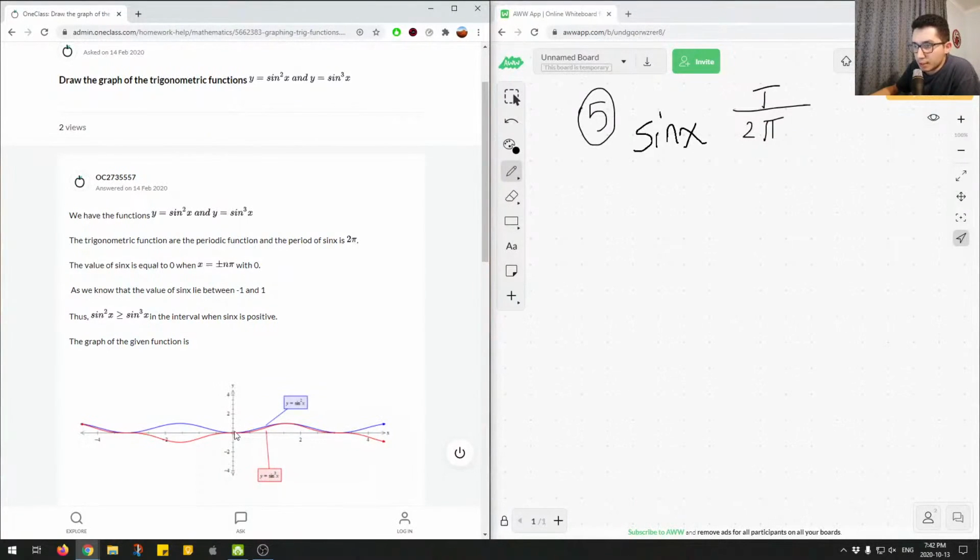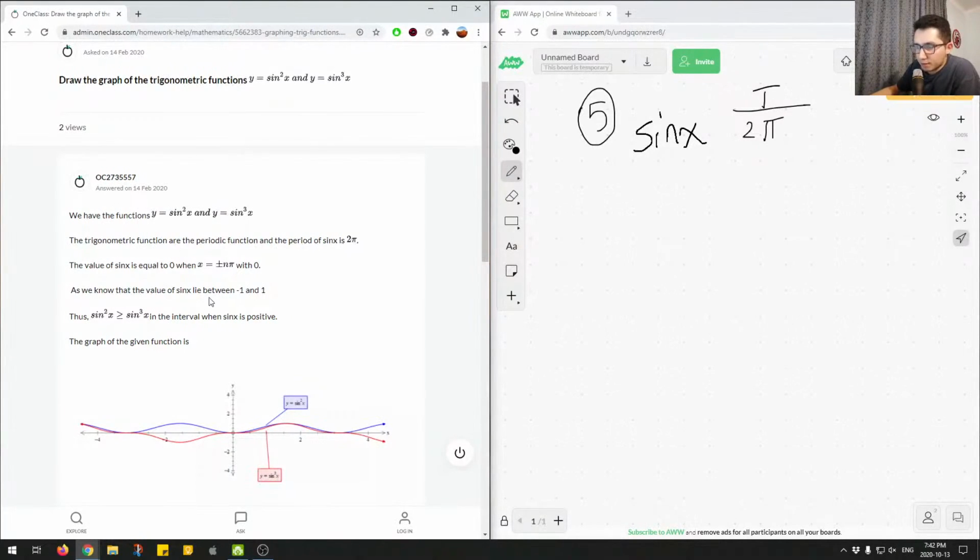So when n is equal to 0, x is equal to 0, and when n is 1, at pi, so 3.14, sine x will also be 0, and so on.